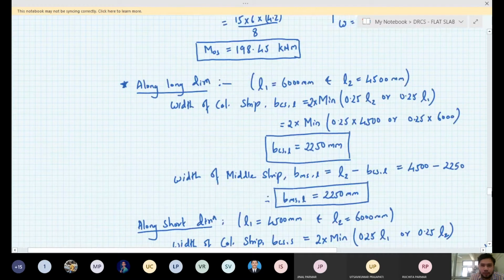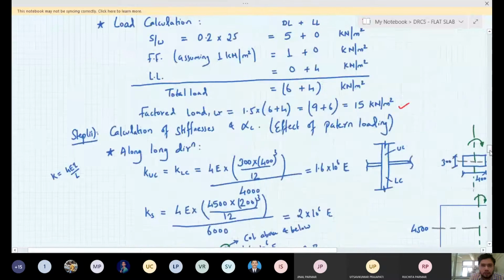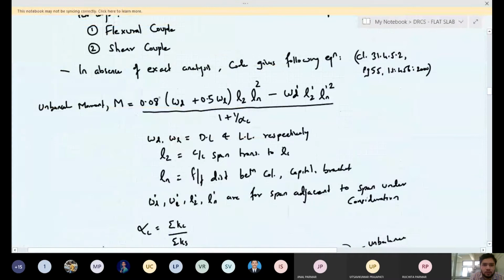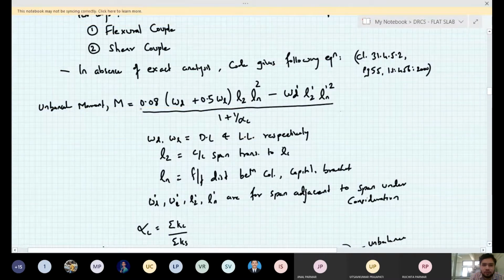For this we'll refer to this formula. Unbalanced moment M is equal to 0.08 times WD, that is the dead load, plus 0.5 live load, L2, that is the span transverse to the span under consideration, and Ln is the face to face distance between the supports, squared, and the same parameters for the adjacent span, divided by 1 plus 1 by alpha c.